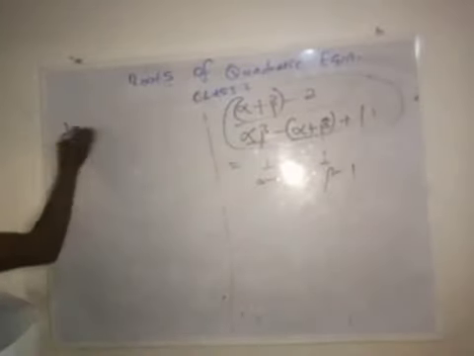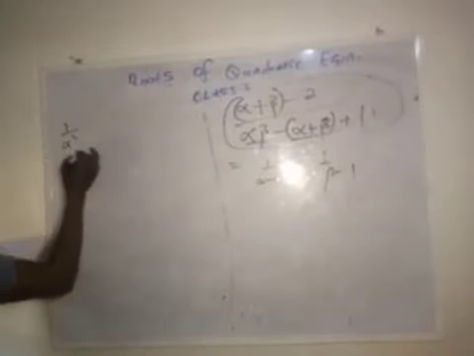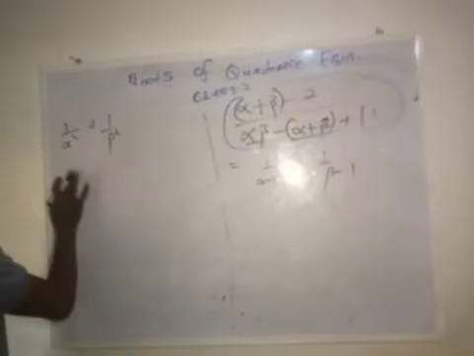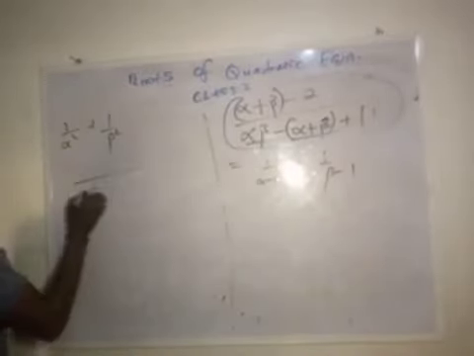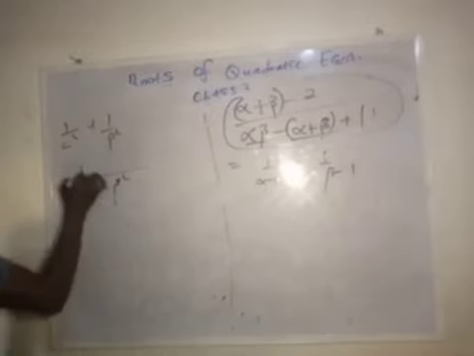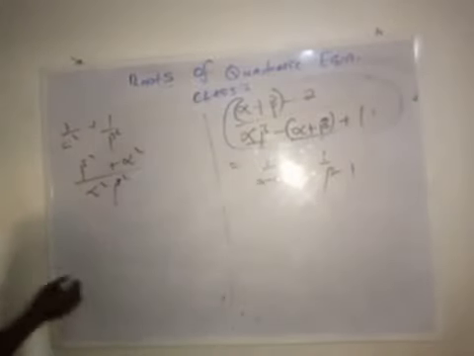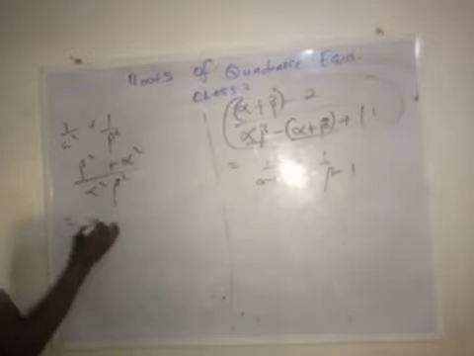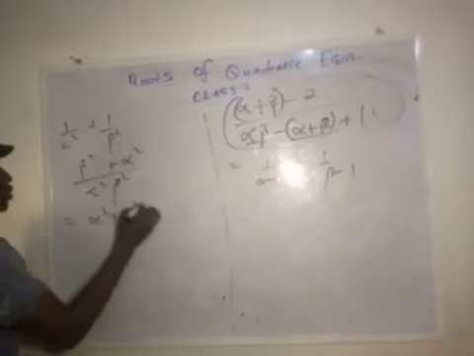Let's say we have something like this. 1 over alpha squared plus 1 over beta squared. Are you there? We all know that what we are going to do is to find the LCM, which is alpha squared beta squared, right? And therefore, if this divides this, it becomes beta squared, while this divides this, it becomes alpha squared, right? And therefore, beta squared plus alpha squared is still the same thing as saying alpha squared plus beta squared, right?